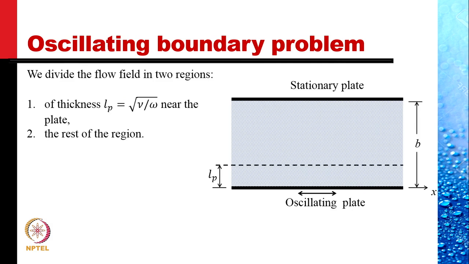So how is the problem handled? We divide the flow field in two regions. One, a thin layer of thickness LP equal to under root nu over omega near the lower plate, and then the rest of the region. We term this region as the boundary layer. And we term this region as the outer layer.